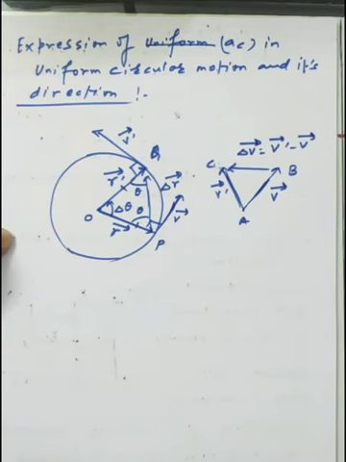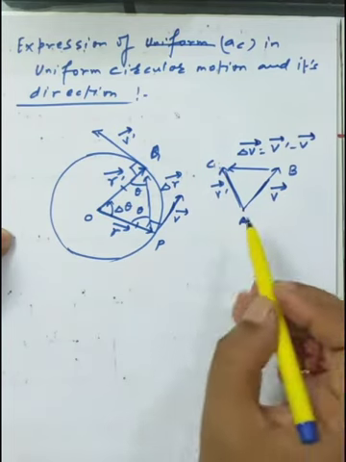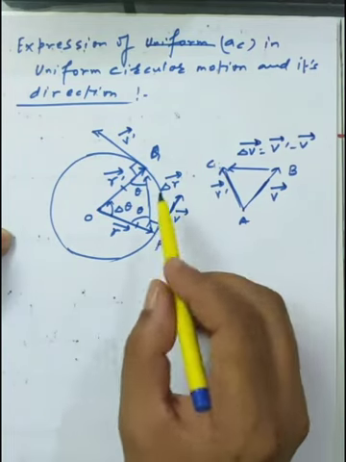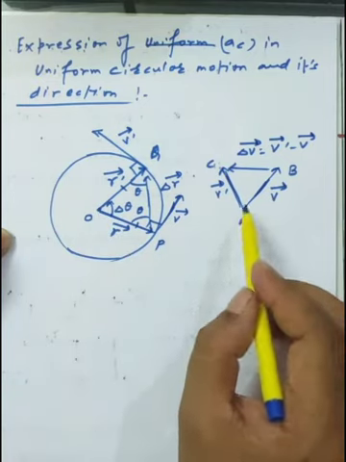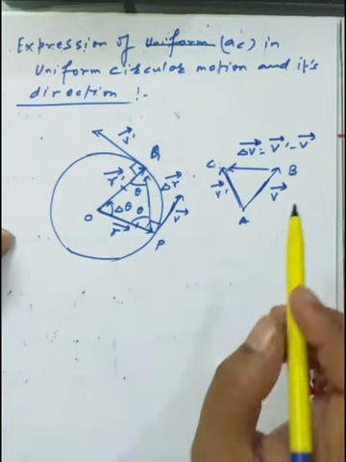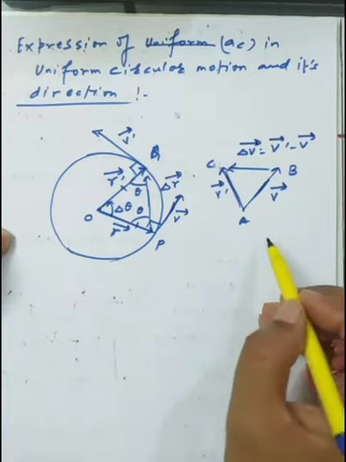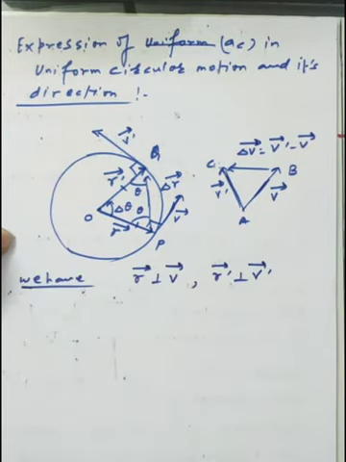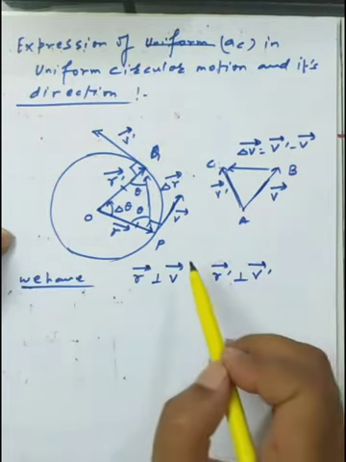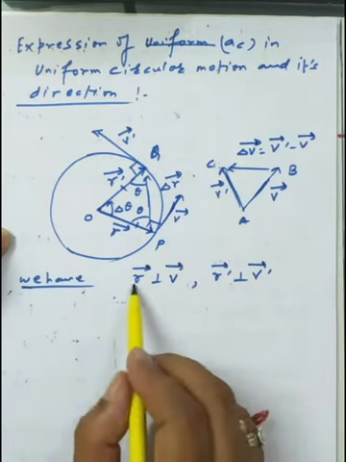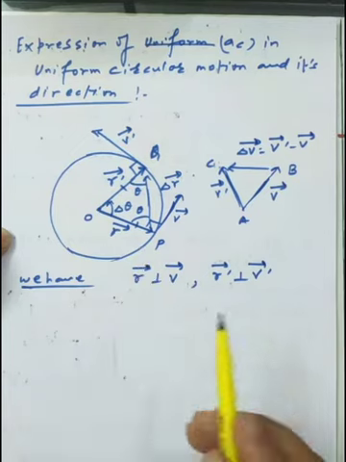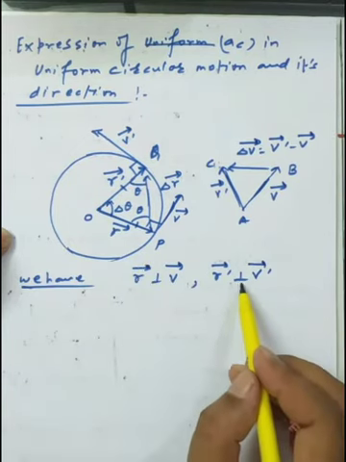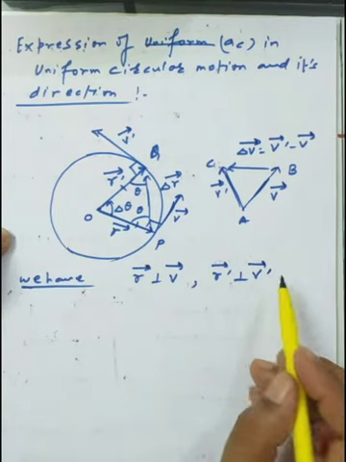Okay. Now we have to prove the similarity of the two triangles, that means triangle QOP is similar to the triangle BAC. So how can we justify it? Now how can I prove that? I am assuming that the R vector is perpendicular to the velocity vector V at the point P, and similarly the R dash vector is also perpendicular to the V dash vector.